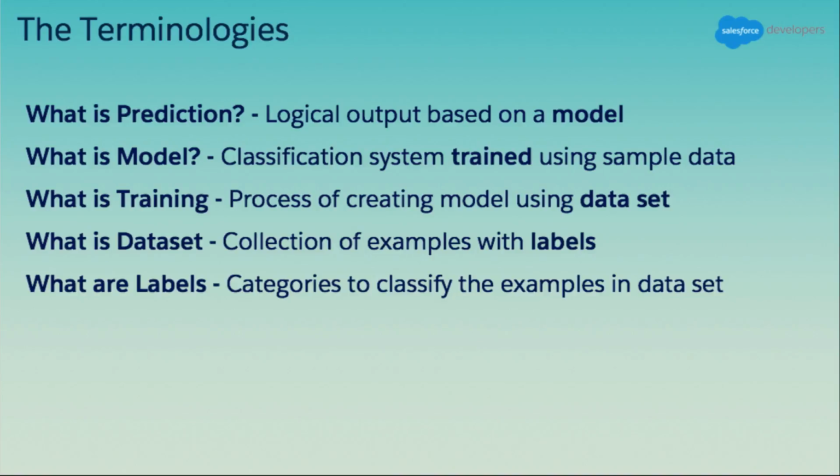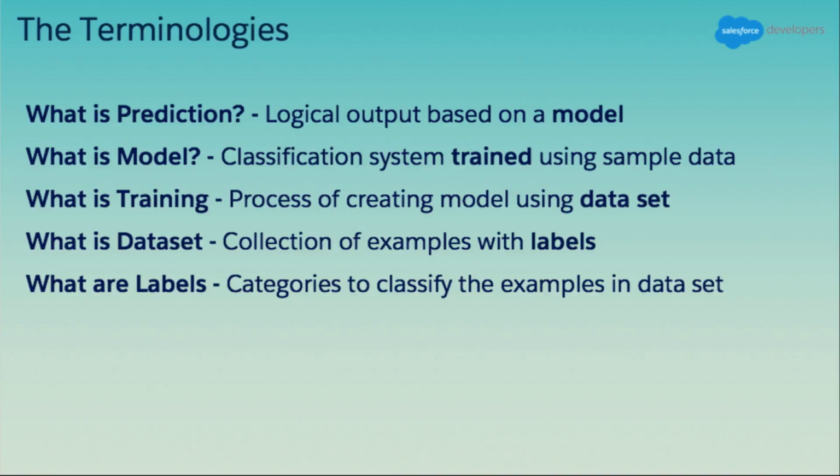Well, then the next question would be, what is a model? A model is nothing but a classification system or a categorization system that got trained. In this example, it got trained based on the past purchases that you have made on that website.